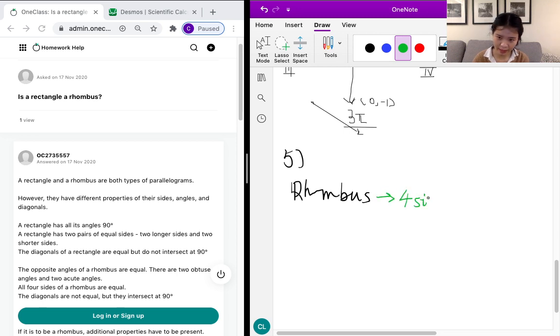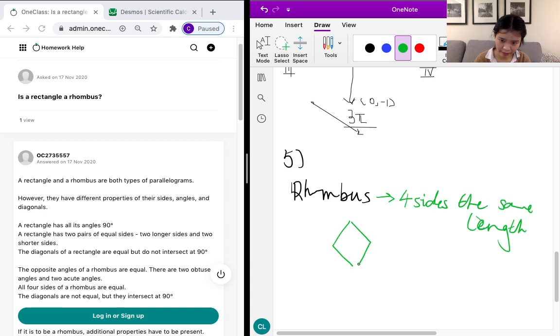So, 4 sides the same length. That is the definition of a rhombus. So let's draw an example of a rhombus. This is an example of what a rhombus looks like.